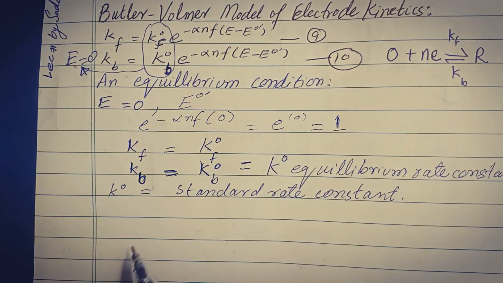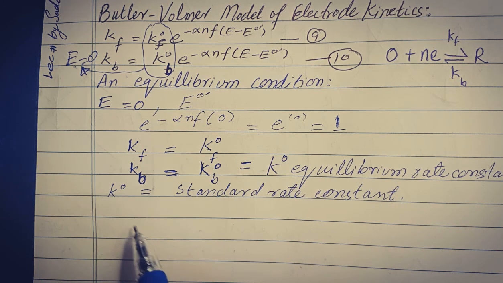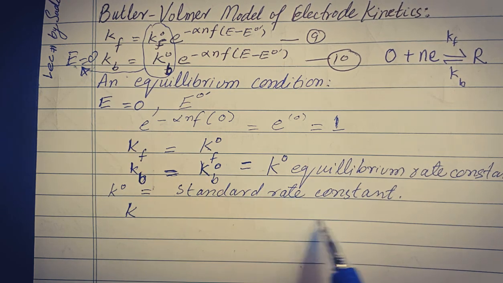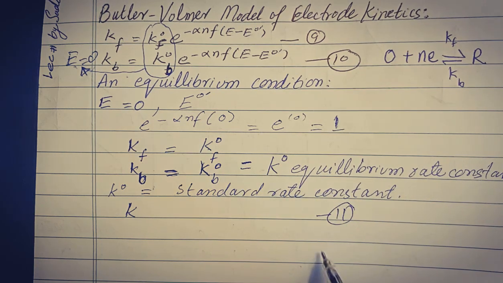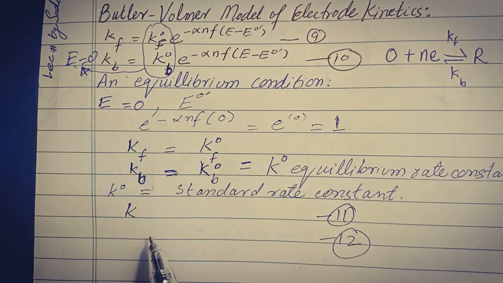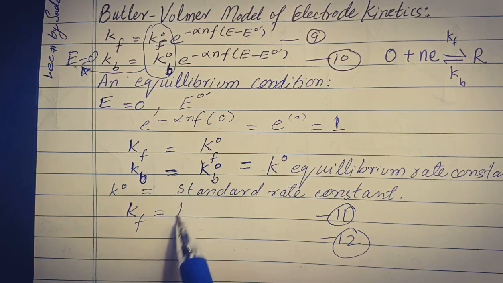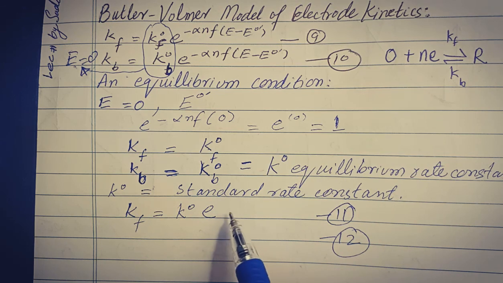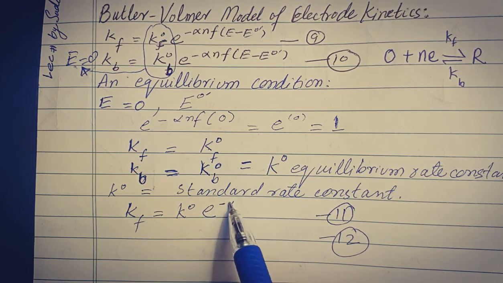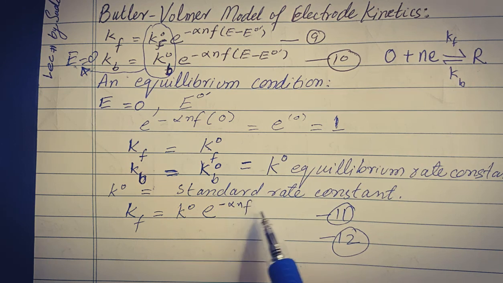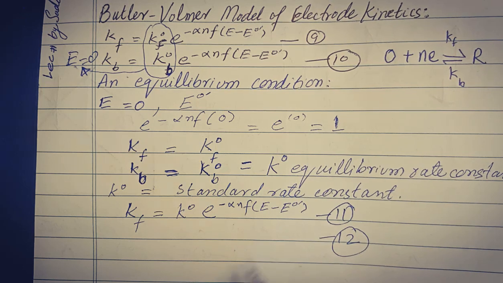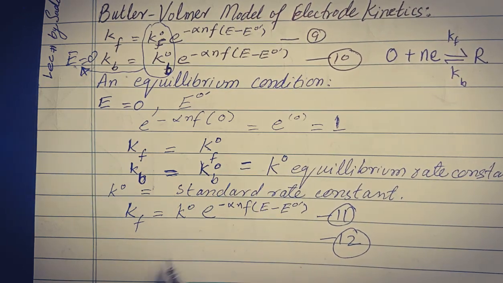So using this rate constant, equations 9 and 10 are now redefined as equations 11 and 12, as the rate constant of the forward reaction is equal to the product of the standard rate constant and an exponential factor, which depends on the applied potential.